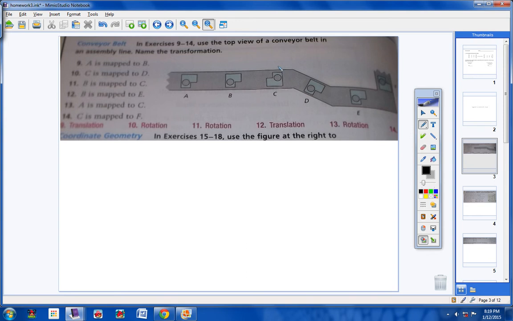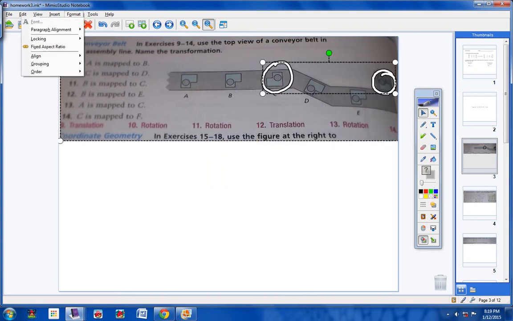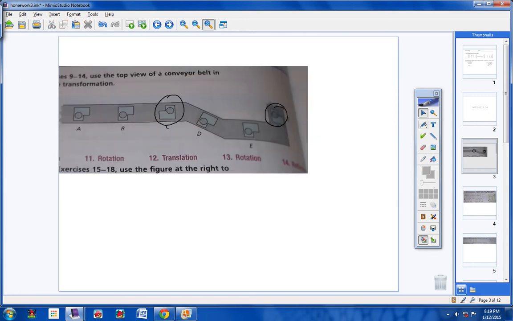Alright, number 14, we're comparing C to F. Here's C, and here's F way over here. It's hard to see, but in your book you should be able to see it. Now, a couple things, students. If you were to put a line of symmetry right here, in the middle of those two objects, and fold the paper in half, this object here would fall directly on this object right here, and the circle would land right there.